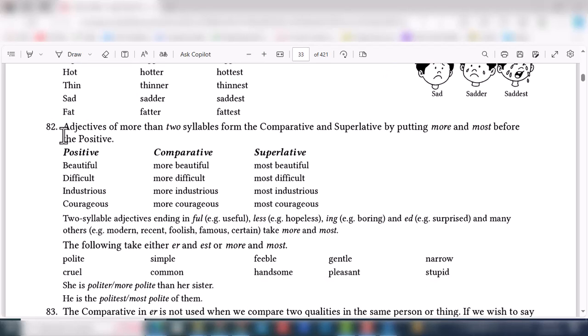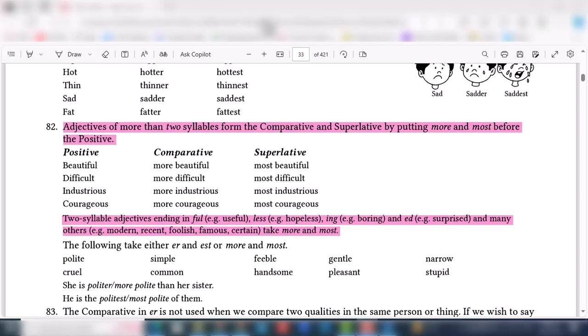And the next step is that, despite these rules, two-syllable adjectives ending in -ful, -less, -ing or -ed, and many others like modern, recent, foolish, famous, certain, take more and most to make the comparative and superlative degrees.